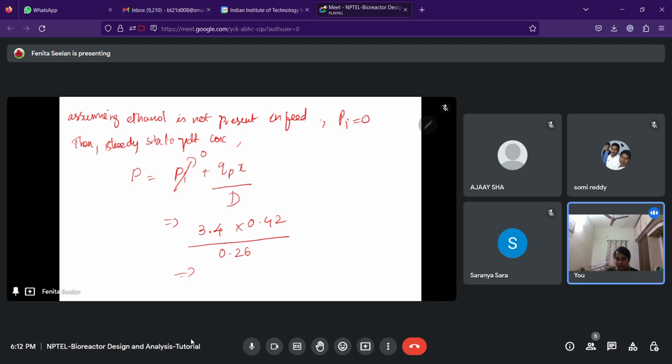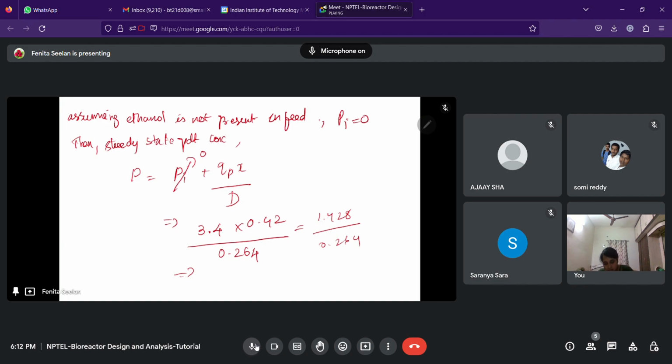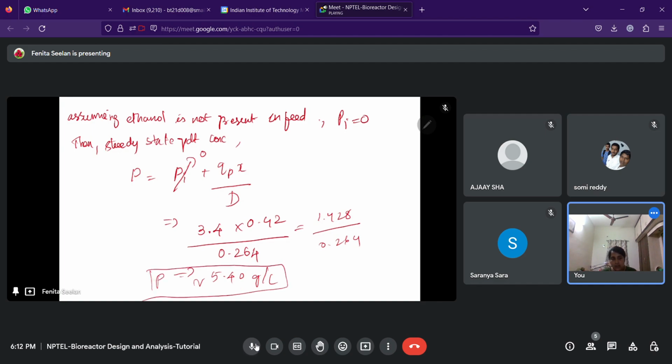We do the calculation, and it is around 5.40 grams per liter. So this is the steady state concentration of the product.